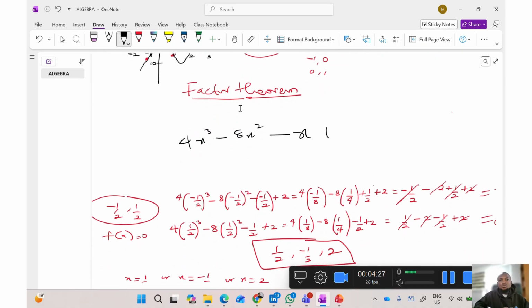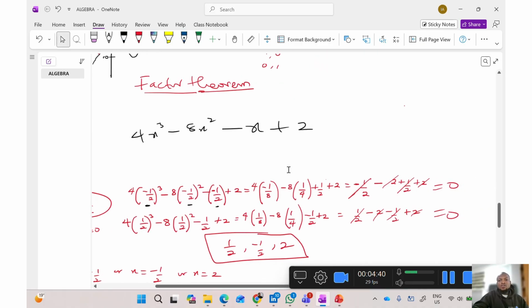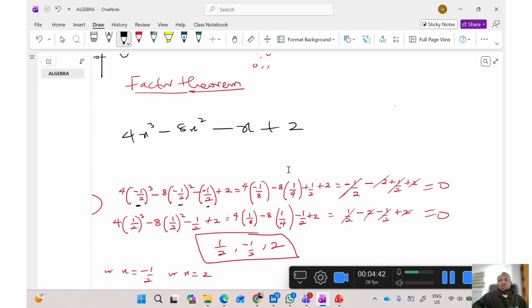So when x is -half, you just substitute -half into this equation. You can see 4 times (-half) cubed, minus 8 times (-half) squared, minus (-half) plus 2. At the end of the calculation, I got 0. So that implies that -half is a solution.